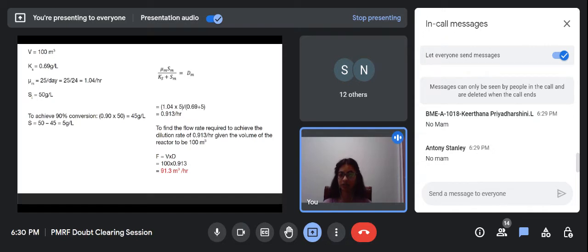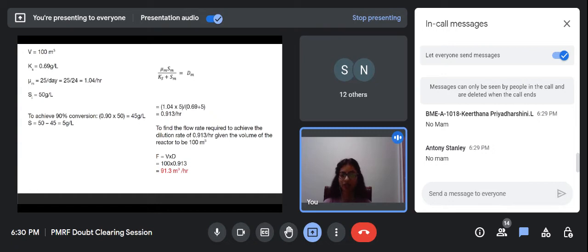So what you get is 1.04 per hour. So that is the maximum growth rate. Si, that is the substrate concentration in the input, value is 50 grams per liter, and what you have to achieve is the 90% conversion of substrate, right?